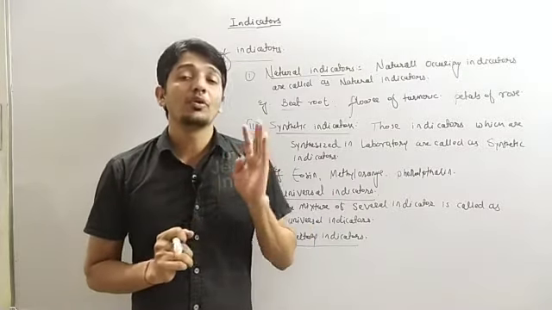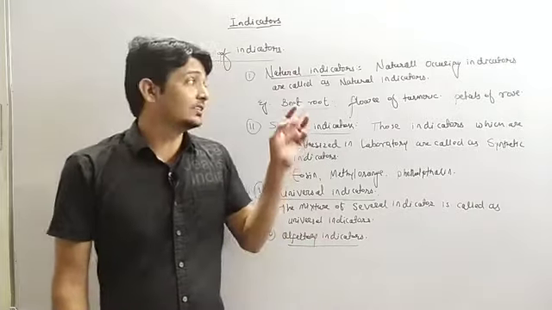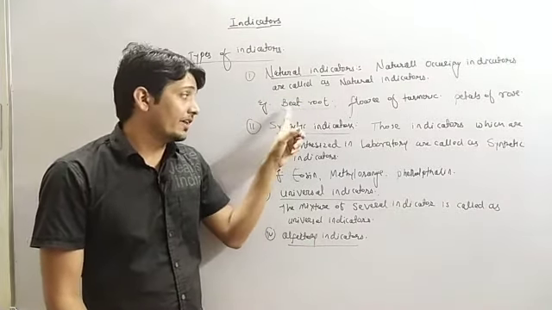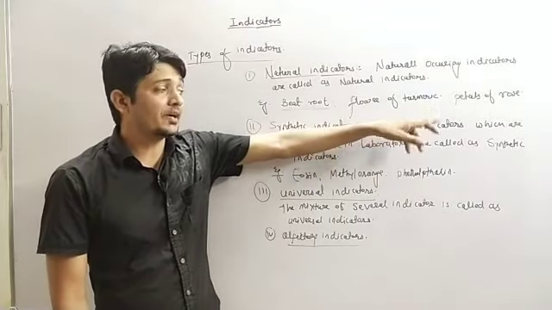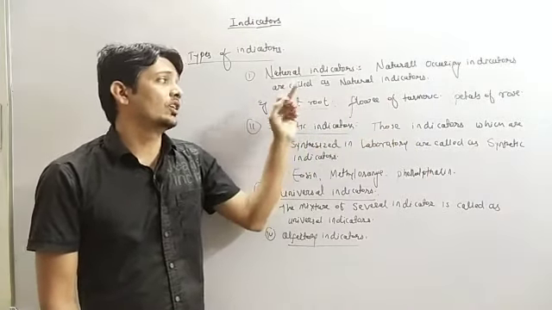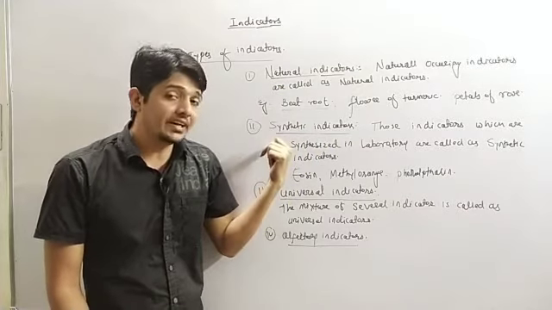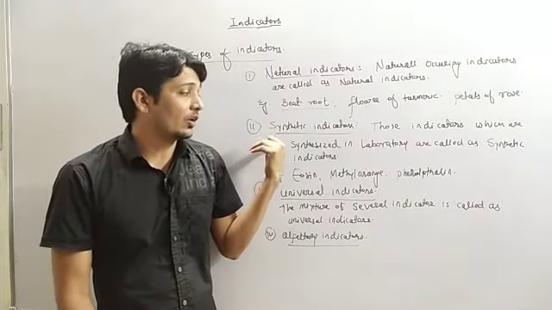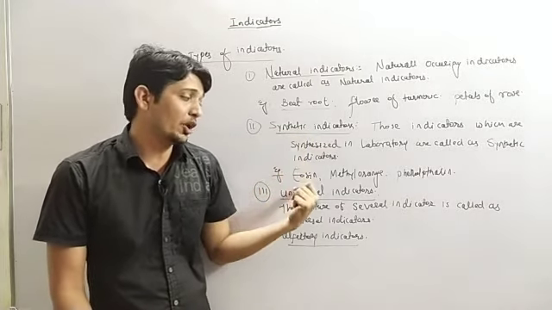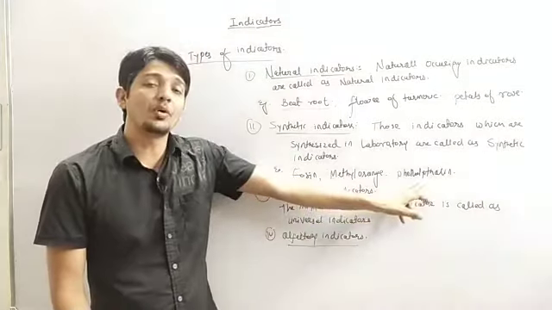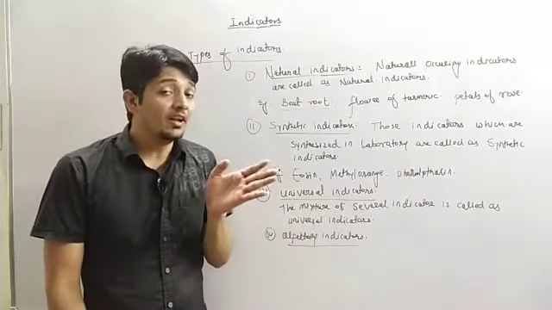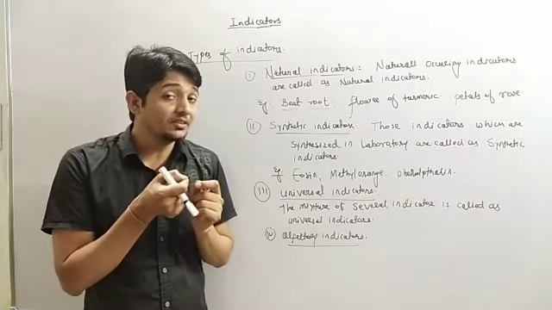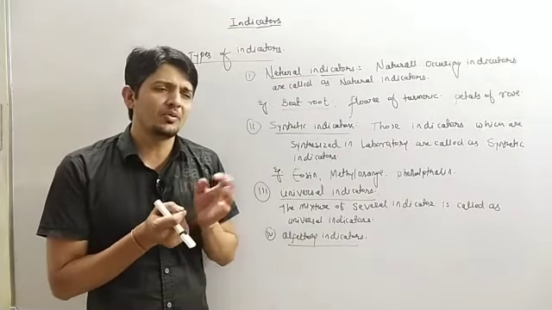So we have four types of indicators. One is natural indicators. They occur in our nature itself. Like we have beetroot, flower of the turmeric and petals of the rose, which are called natural indicators. Then we have synthetic indicators. Those indicators which are synthesized in laboratory are called synthetic indicators. We have eosine, methyl orange and phenolphthalein that you will use if you continue with your biology section, where you will take sections of the plant or animals or microorganisms.